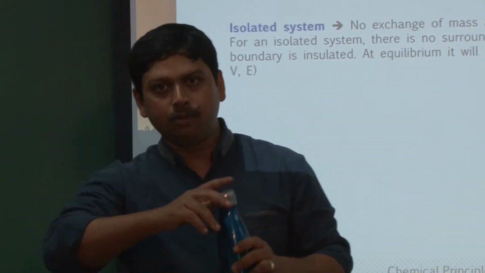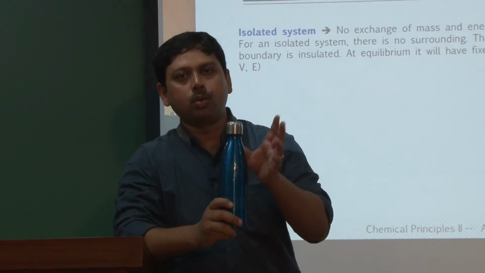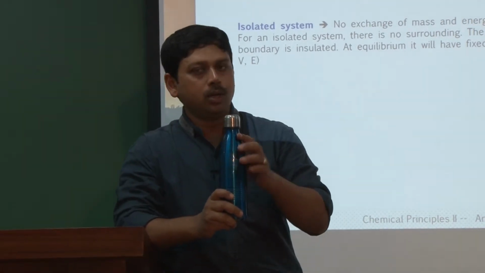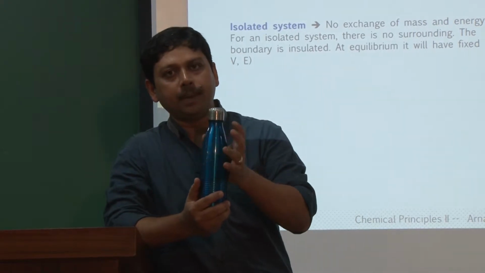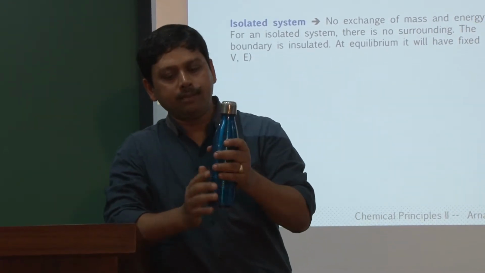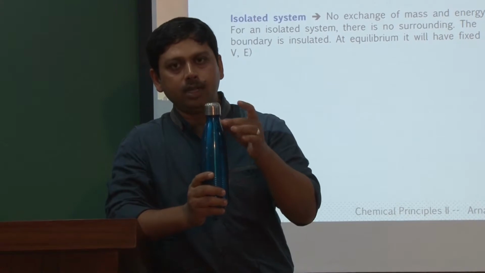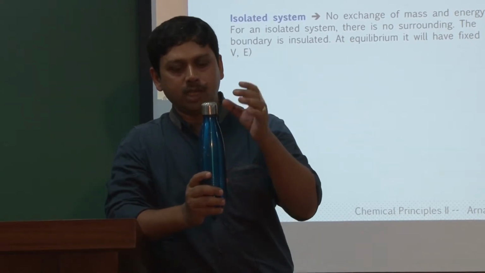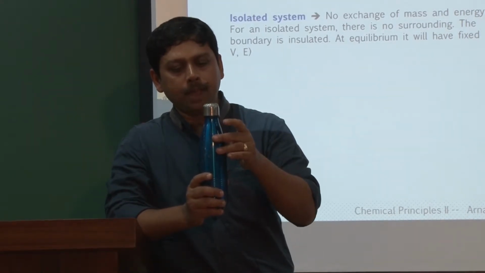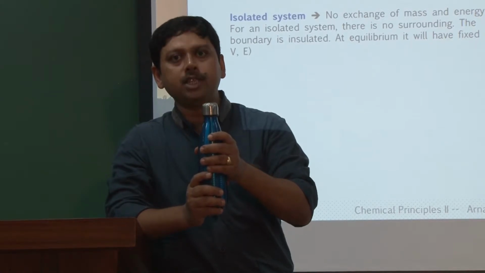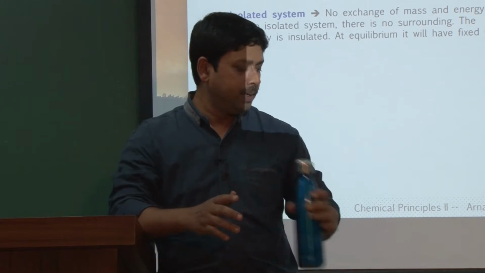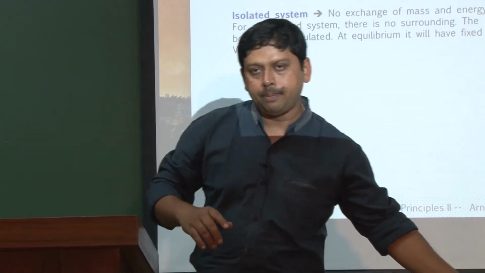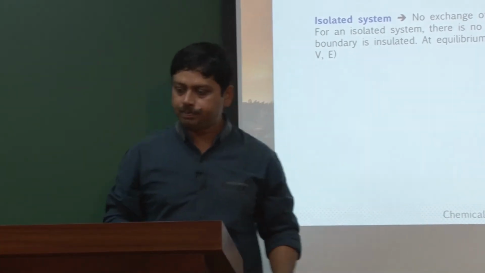You know that a thermoflask is meant to keep hot water hot and cold water cold to some extent. Here we have some hot water kept inside, and outside it feels the normal temperature. However, the temperature of the water inside is actually high, so it will preserve the hotness of the water for some more time. We can say that it is a prototype of an isolated system.